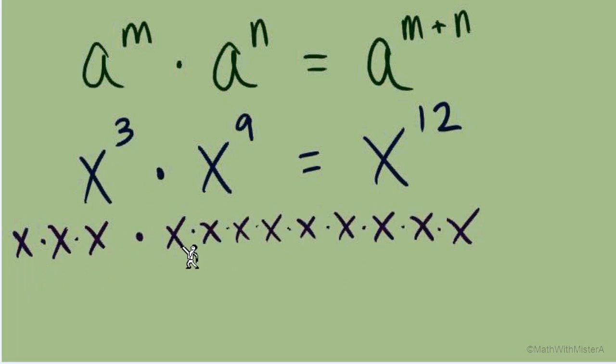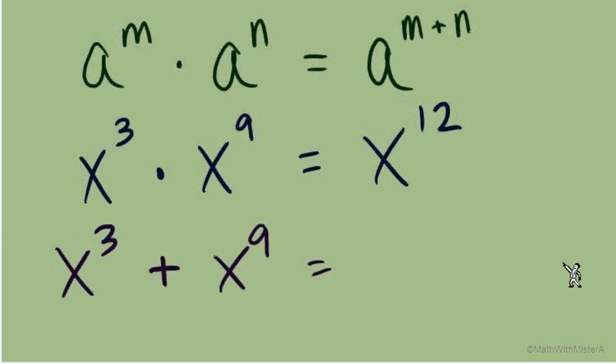It's useful to see things in expanded form. This helps me really understand why I can add those exponents together. I see 3 x's times 9 more x's. I have a total of 12 x's multiplied together. But in the future, we're going to use the rules to move more swiftly through some longer problems.